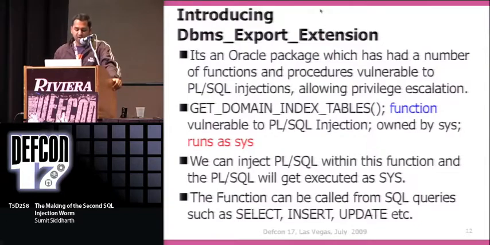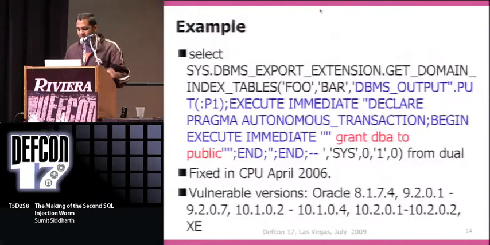You don't really have to do anything more here. So just call this function in your SQL every time you find injection in a select or insert or update query. Call this function, pass the argument to this function, whatever PL SQL you want to get executed, and that will execute with SYS privileges. So this is a sample exploit. This was reported by David Litchfield, and it's actually mentioned in his book, Oracle Hacker's Handbook, as well.